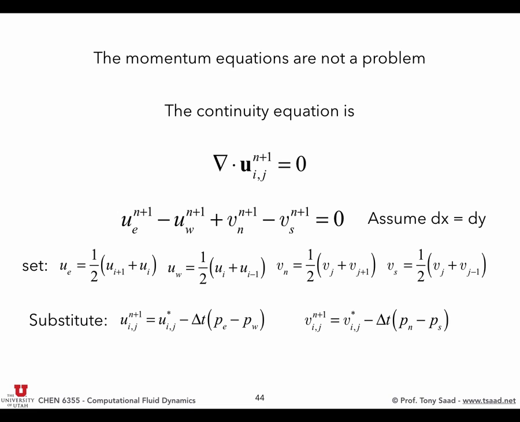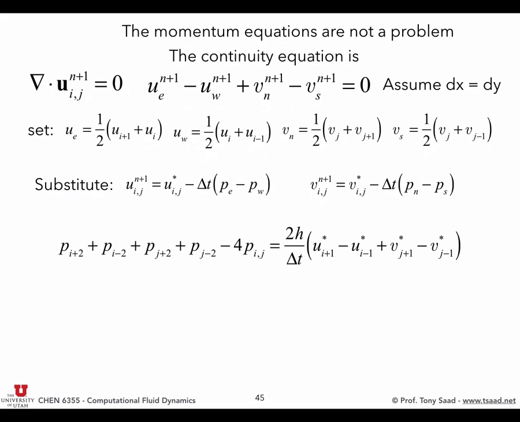And now, so what is I plus 1 and I and I minus 1? We take these equations and put them here. Okay? So Ui plus 1 is U star I plus 1 minus delta T, the pressure, P east east and P west west, etc. It gets a little bit nasty, but once you do all the surgery and the operations, this is the resulting equation for the pressure.